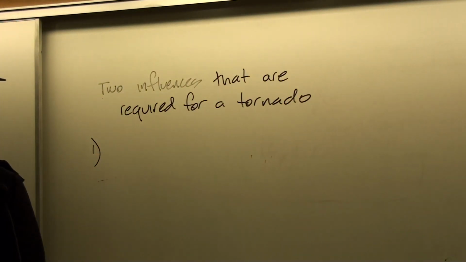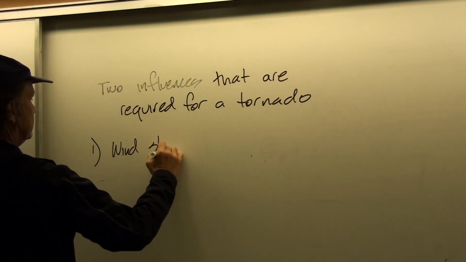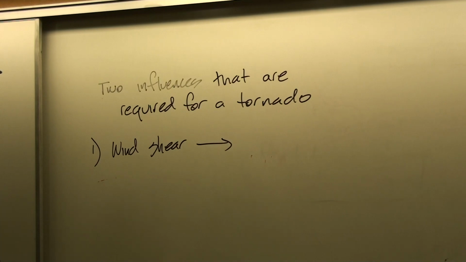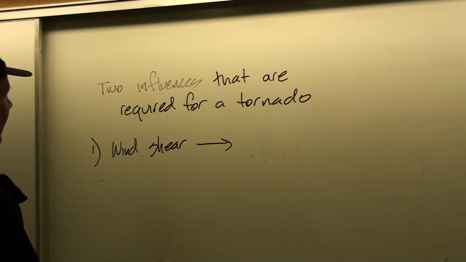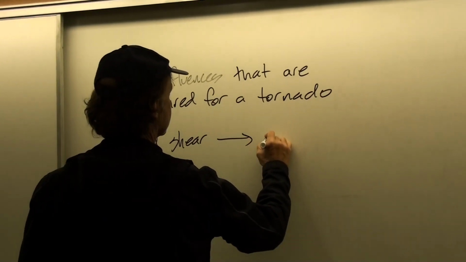First thing we need is wind shear, meaning that we need winds that are traveling in opposite directions at different elevations.